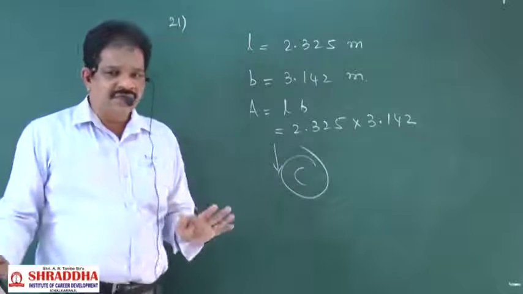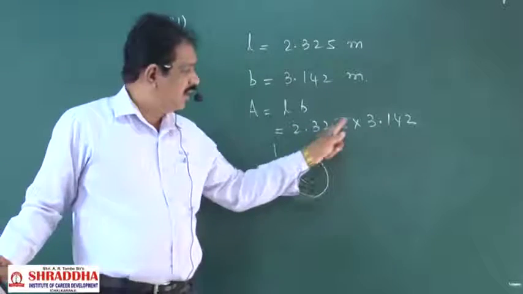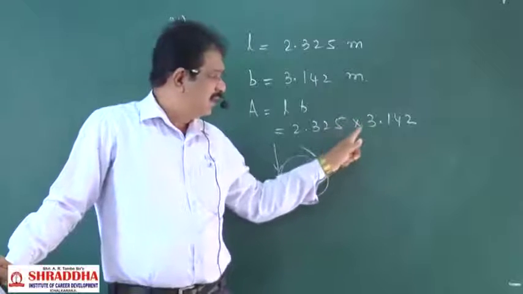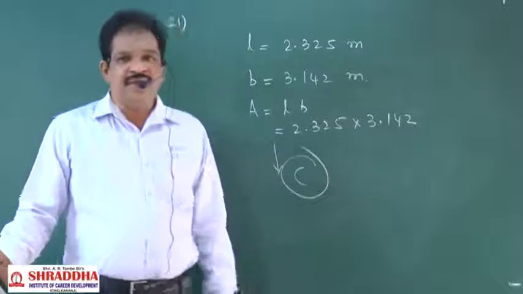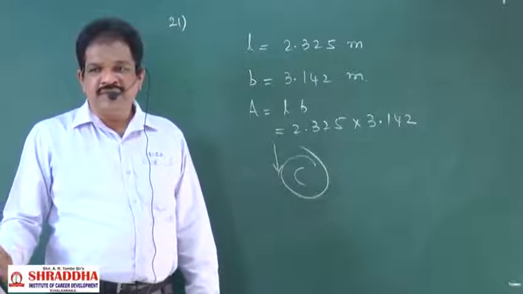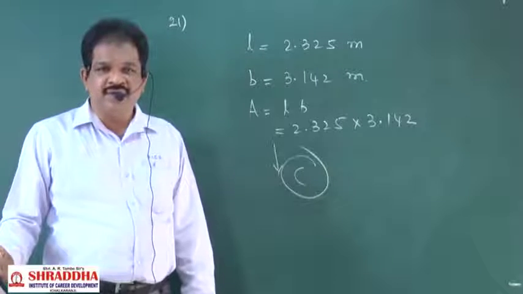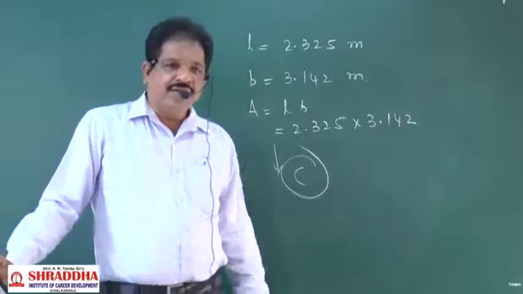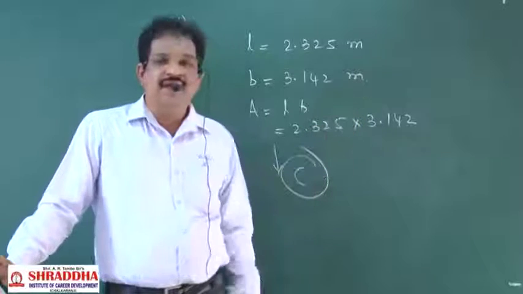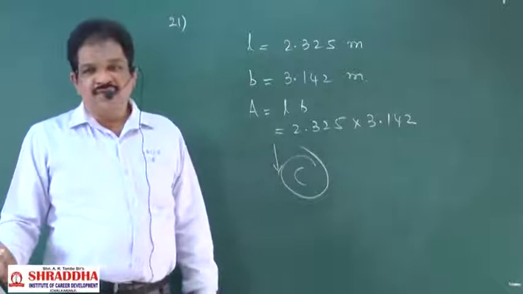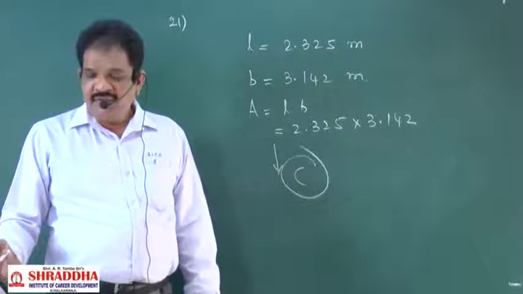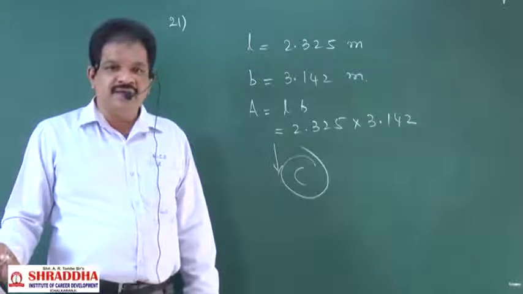Actually, what we had to do is multiply these two and then round the number to 4 significant figures. Or otherwise, by observing the answers, without doing any calculation, we can say C will be the answer.